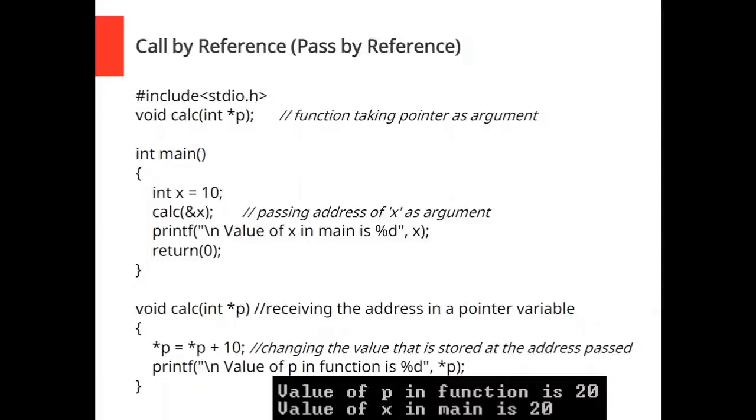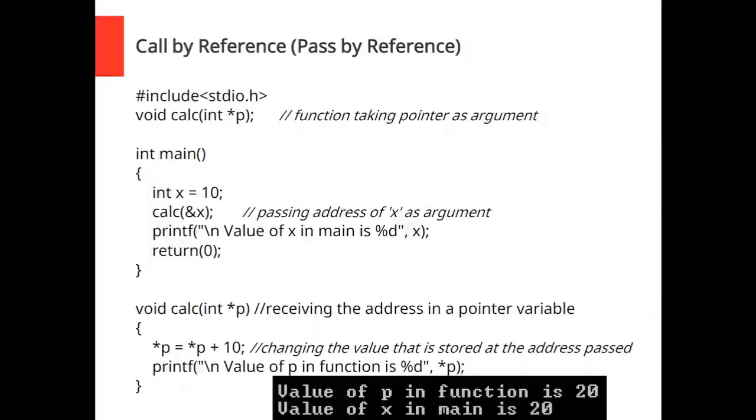So inside the calc, using the pointer, we are incrementing the value by 10. So star p equal to star p plus 10, which actually changes the value that is stored at the address which is passed to this function.